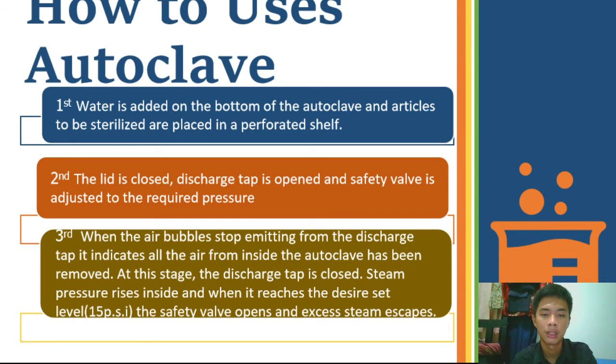Alright, next I will tell you how to use the autoclave. First, add water to the bottom of the autoclave, and then the articles to be sterilized are placed on the perforated shelf. Next, the lid is closed, the discharge tap is open, and the safety valve is adjusted to the required pressure.